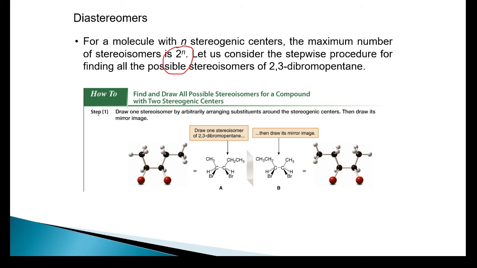If I have 2, I should have 4. If I have 0, I have 1, and it doesn't mean I have one isomer, it just means I have one molecule. So 0 stereogenic centers, won't be chiral, so on and so forth. Okay. So we look at the 2,3-dibromopentane. 2 stereogenic centers here and here.